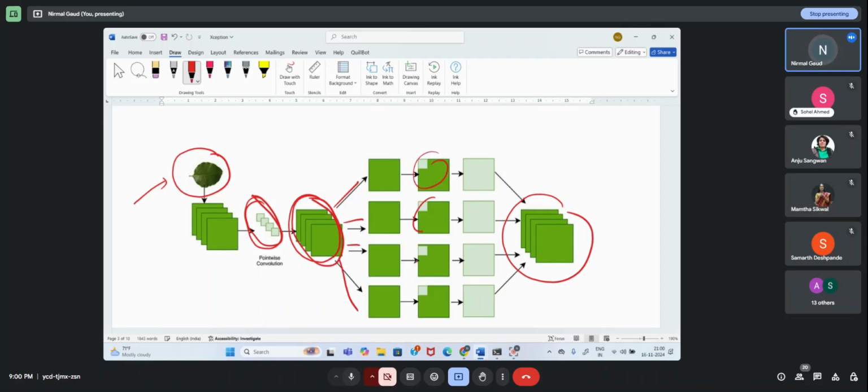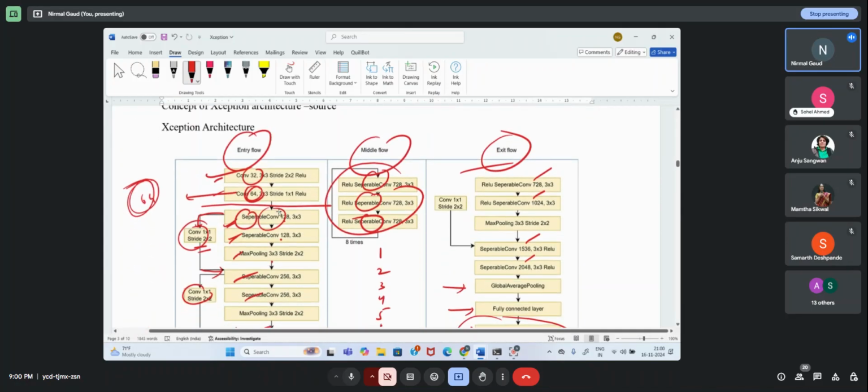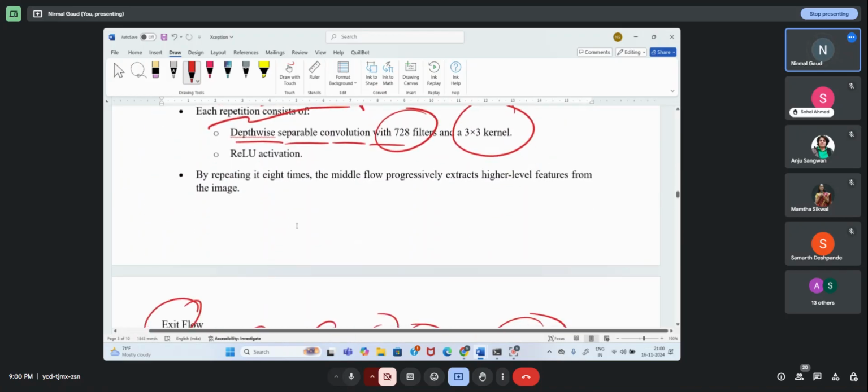Here you are performing depthwise operation. You are going to get this result. Then merge. You are having separable convolutions, and depthwise, pointwise are separable convolution. Just split the image, perform the operation, combine. Okay, got it.